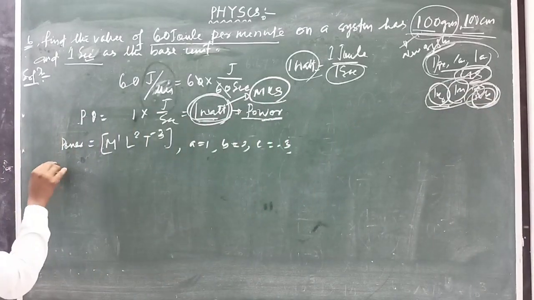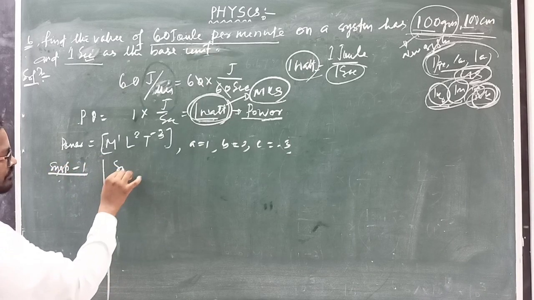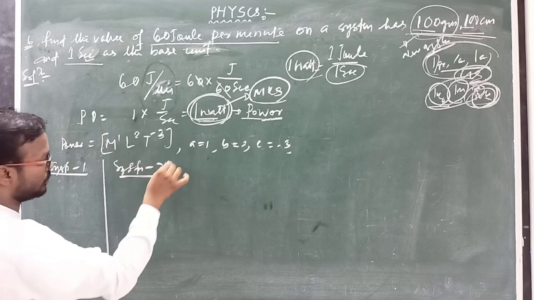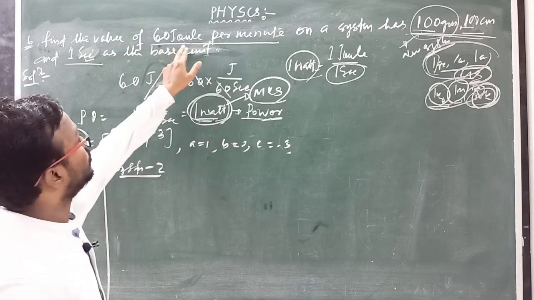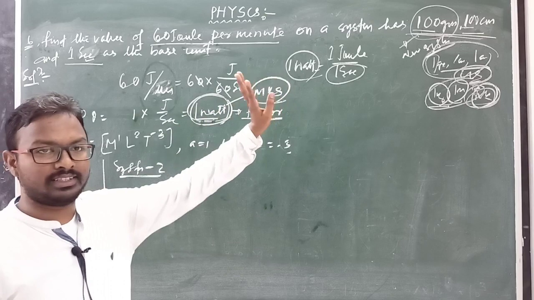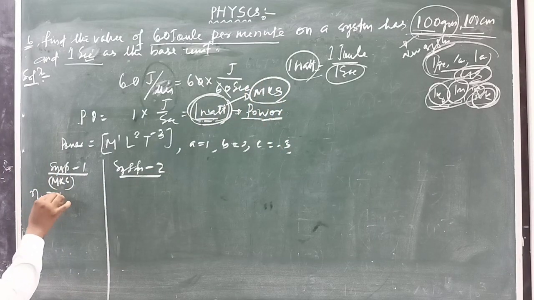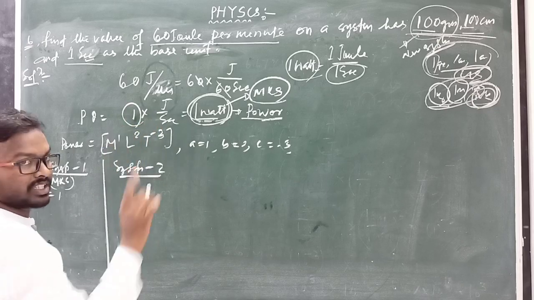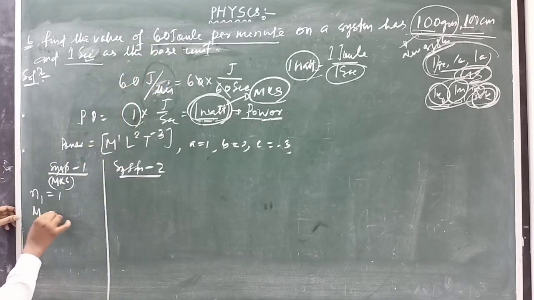So we can write here system number 1 and here system number 2, clear. System number 1 is the MKS system, because 1 joule per minute we have to convert first to seconds, then this is watt, which is equal to the MKS system. So we write the value n1 equal to 1, not 60. Next M1, L1 and T1.